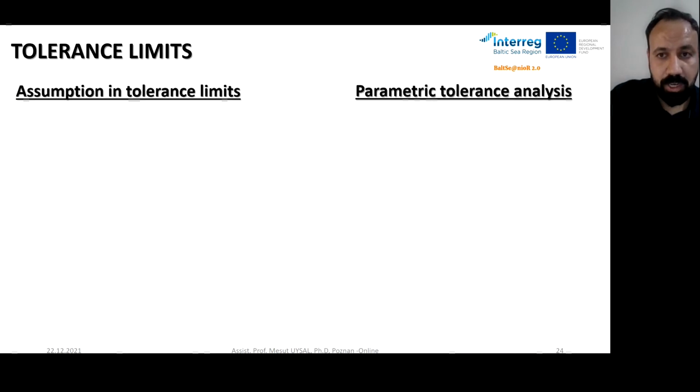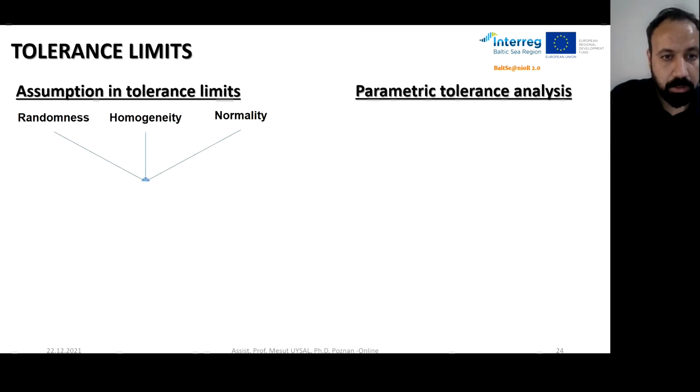But before explaining the calculation, we need to check some important points in tolerance analysis, because we have some assumptions in tolerance limits. These assumptions are randomness, homogeneity, and normality. We need unbiased data. Our data should be normally distributed.